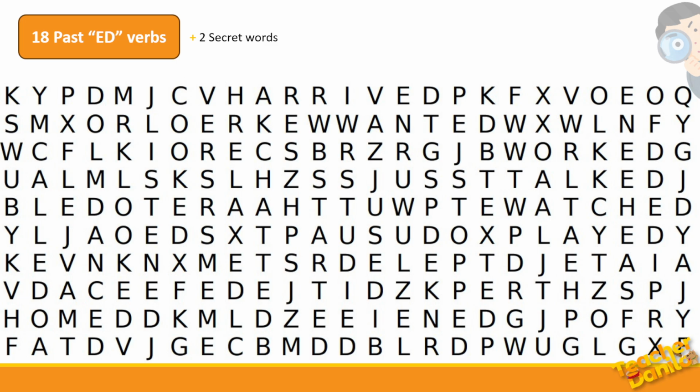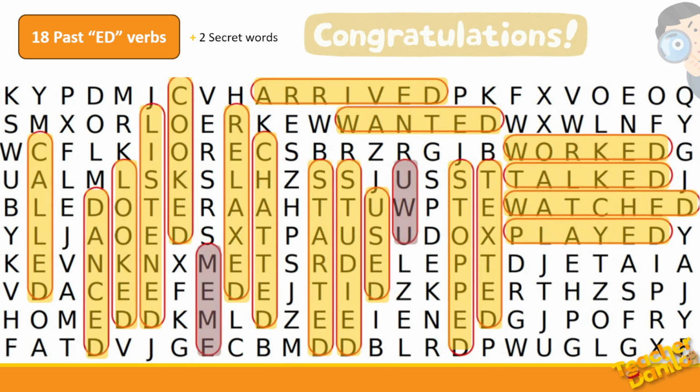Please, if you want to do the activity, pause the video now and look for the 18 verbs. Maybe you have found some already. I'm going to show you the answers now in 3 seconds. So if you want to do the activity, remember to pause. I'm going to show you the answers now in 3, 2, 1, and the answers are these ones.